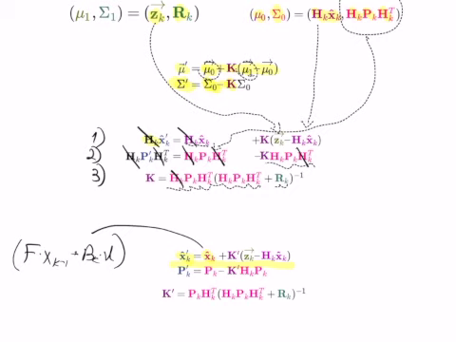So the new uncertainty becomes Pk minus K times Hk times Pk. We just got rid of the first Hk, so the new K is Pk Hk transpose times (Hk Pk Hk transpose plus Rk) to the minus 1, or the inverse of this part.